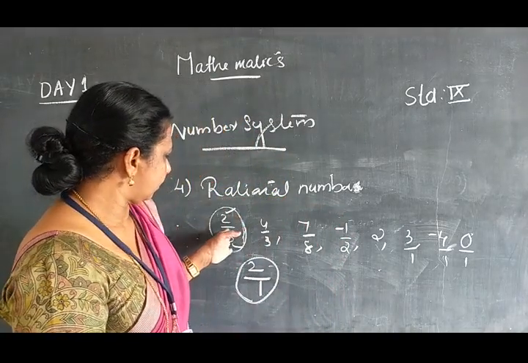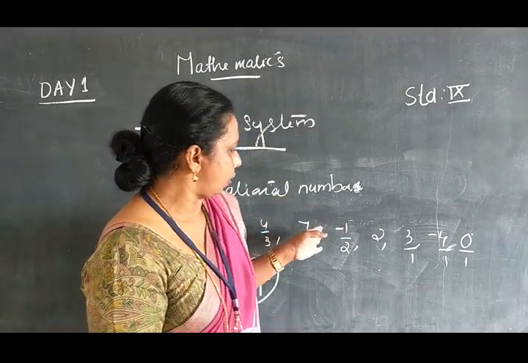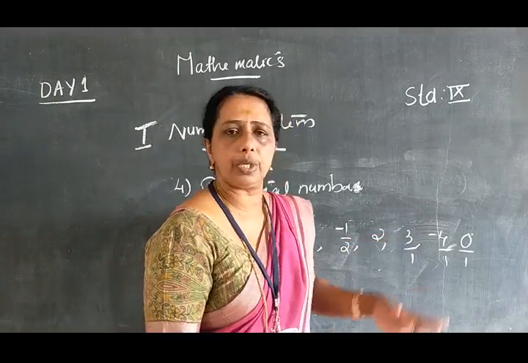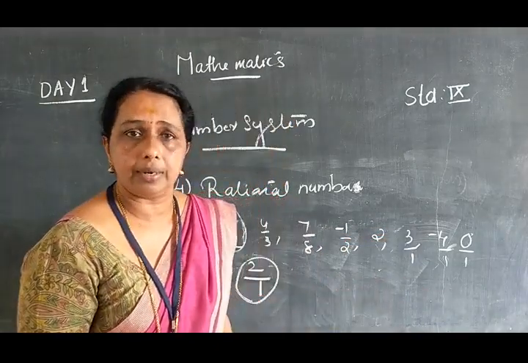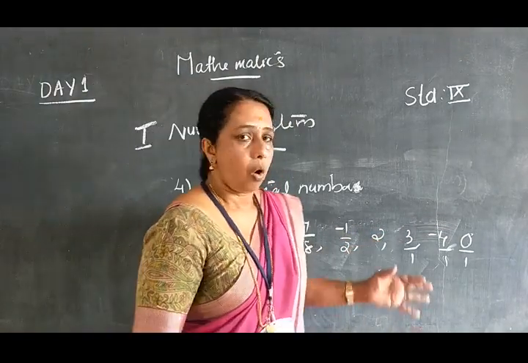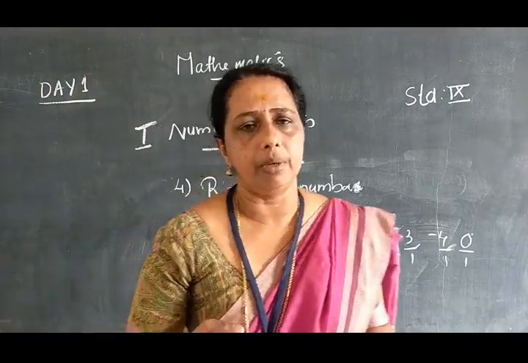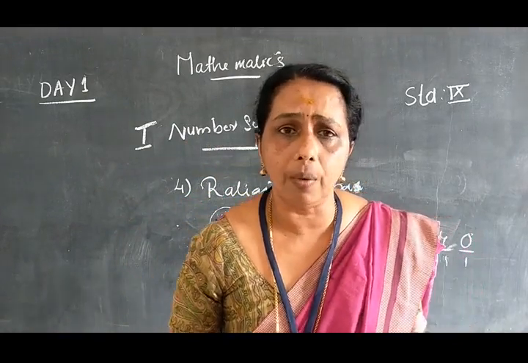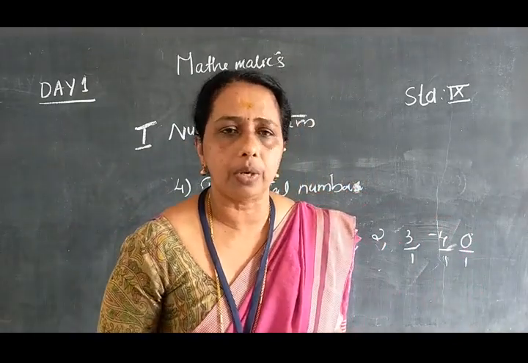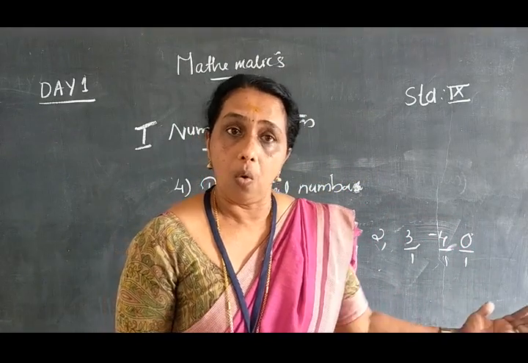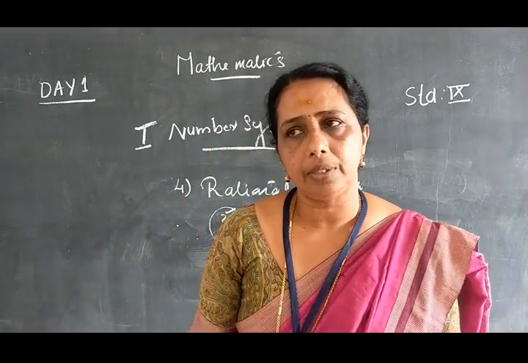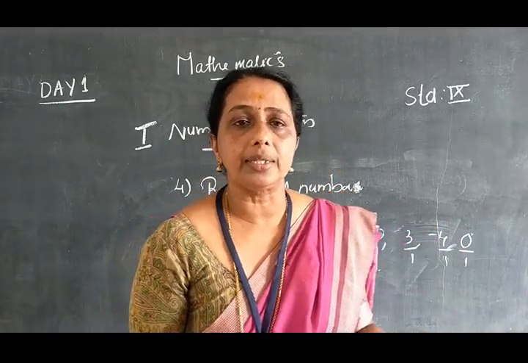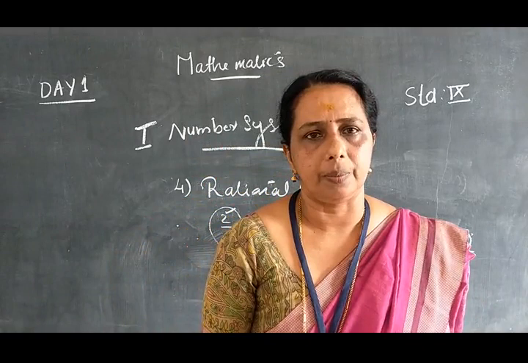Here I am taking some examples: 2 by 3, 4 by 3, 7 by 8, minus 1 by 2, and 2, 3, minus 4, 0, etc. All are rational numbers, because whole numbers and natural numbers can always have denominator 1. Therefore, it is always in the form P by Q with Q not equal to 0. Therefore, all natural numbers, all whole numbers, and all integers are rational numbers.